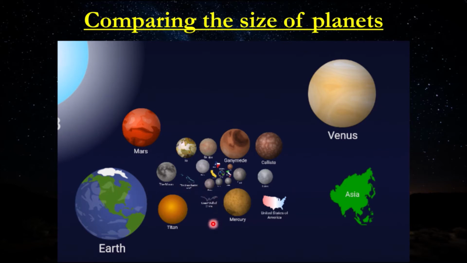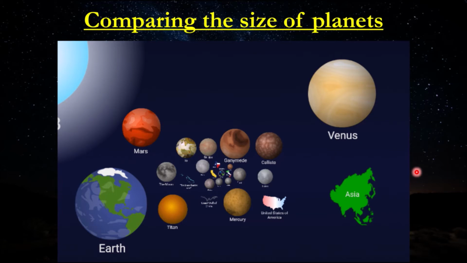Can't quite see the text of where it is, but you have the 4 moons of Jupiter, as you can see here. They are relatively similar in size to Mercury. You can also see, in terms of surface area, the size of the United States and Asia compared to these planets.